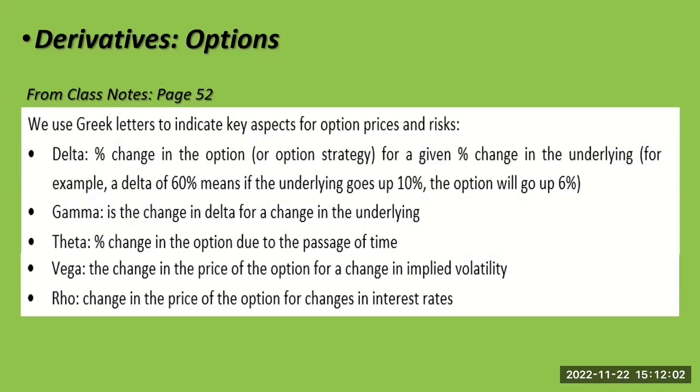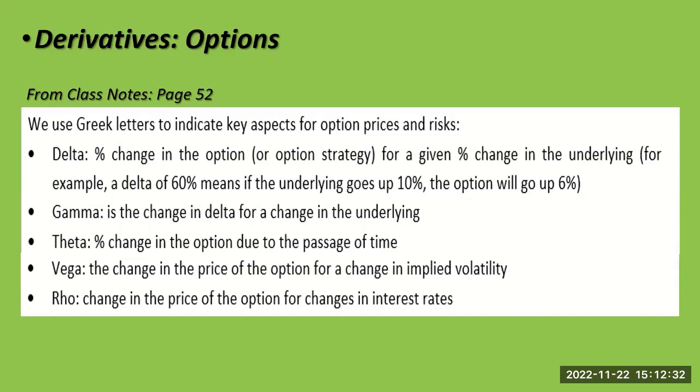Essentially it says how much will the option price change given the underlying change? So how much will Zoom options change when Zoom's price changes? That's the delta. Delta 60% means if the underlying goes up 10%, the option price is going to go up 6%. Delta is very important because it tells you how levered you are.